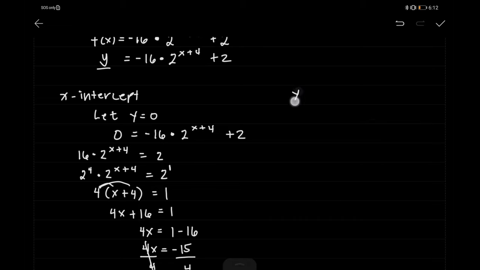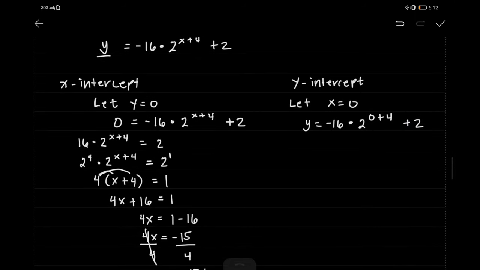So y-intercept naman natin, we have to let the value of our x, which is equal to 0. So this is y is equal to negative 16 times 2 raised to 0 plus 4, plus 2. Okay?